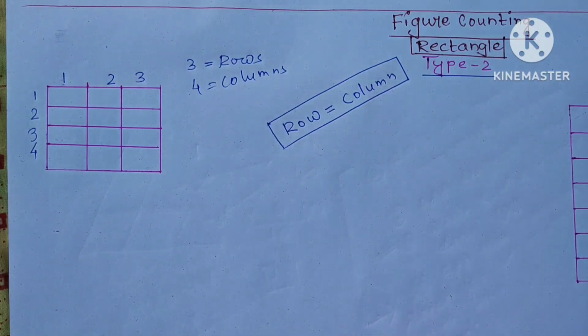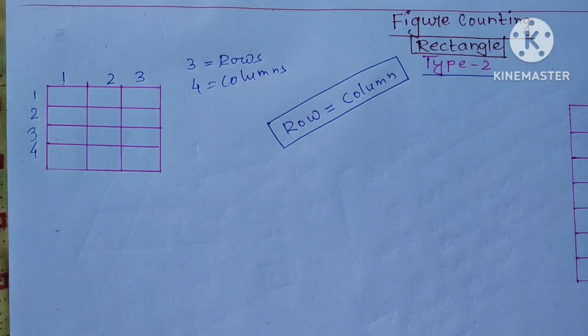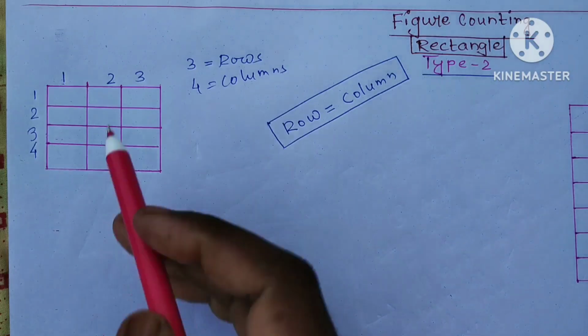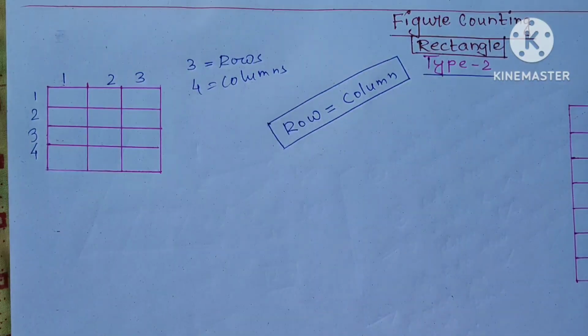In part 1, when the number of rows and number of columns are equal, we just calculate the cube of that number and just add them. But these tricks are not applicable here, because here the number of rows and the number of columns are not equal.